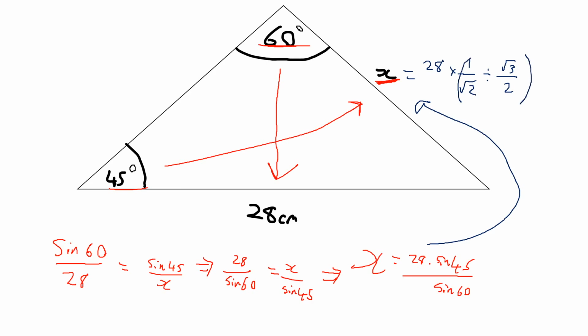Okay? How else can we rewrite this? We can rewrite that by keep flipping and changing. I'm going to remove this arrow now. So that's the same as 28 times 1 over root 2 times 2 over root 3.